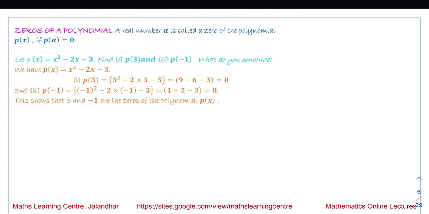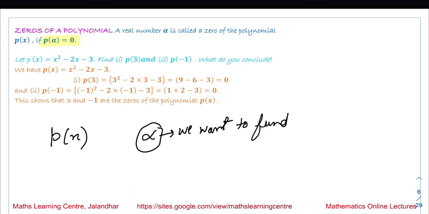Next is zeros of a polynomial. A real number alpha is called a zero of the polynomial p(x) if p(alpha) is equal to 0. Some polynomial p(x) is given to us, and we want to find some real number alpha.